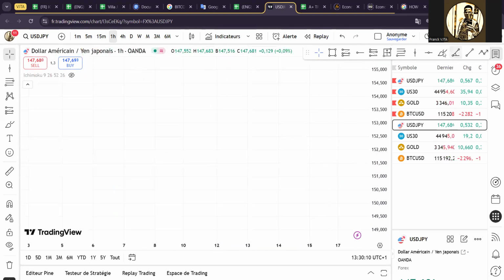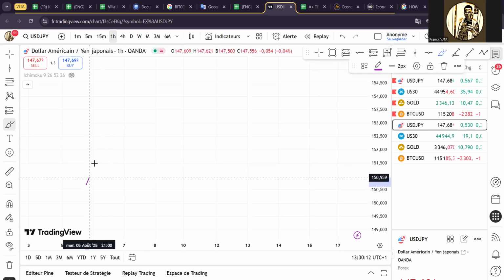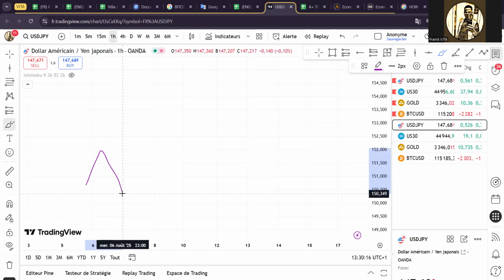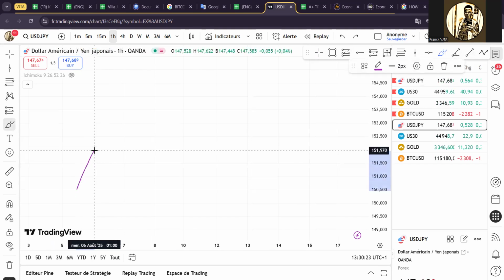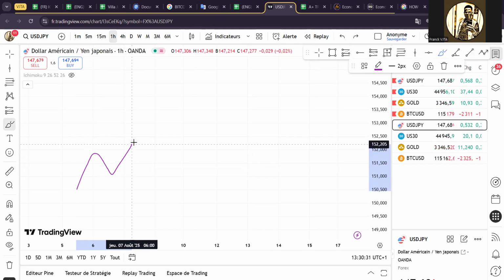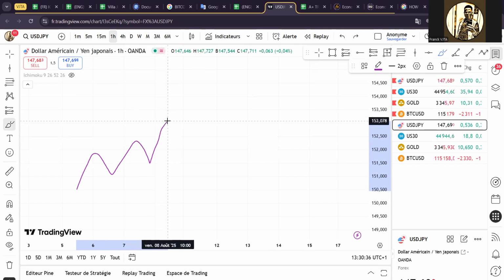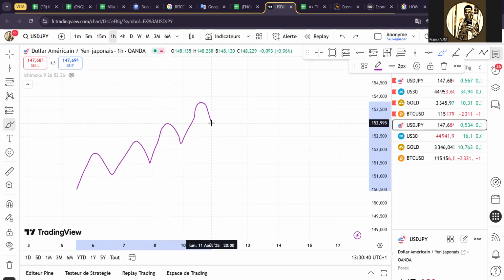Basically, price logic is that price moves going up like this, rising up, going down a little bit to be cheaper, then going more expensive than the previous left high, then going down cheaper, then going more expensive, then going down.